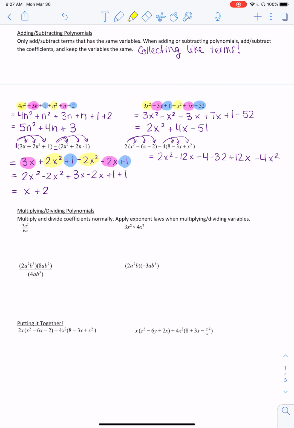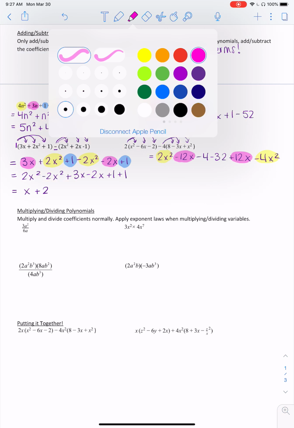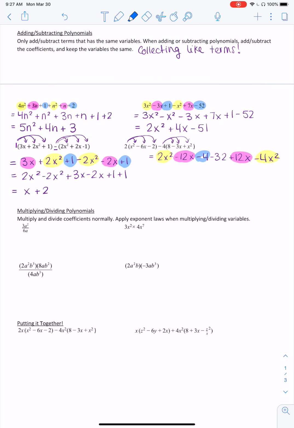So we'll start with our x squareds. Then our x's. And finally, our constants. And then I can simplify them by putting it in the right order.